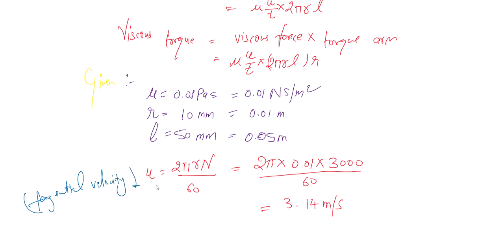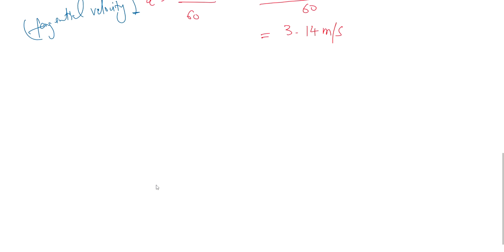Now I have t. t is 0.1 mm, so t is equal to 0.001 m, in meter.